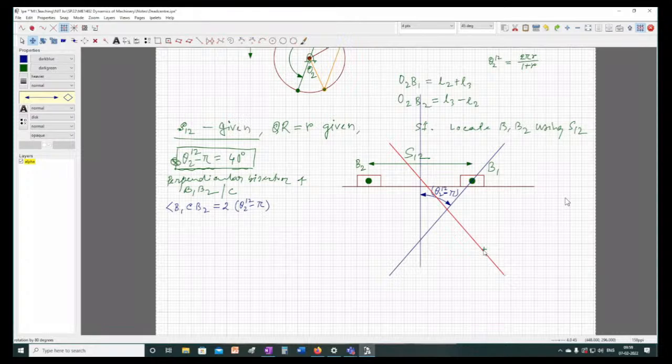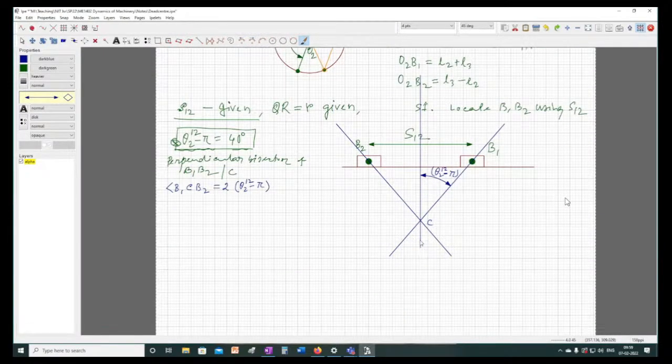This line must be placed somewhere here. So we can say that this point is point C. Are you fine with this point C? How we have obtained point C? Yes, sir.